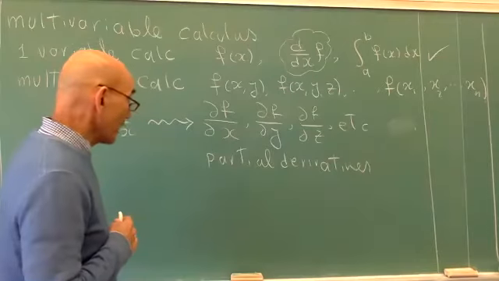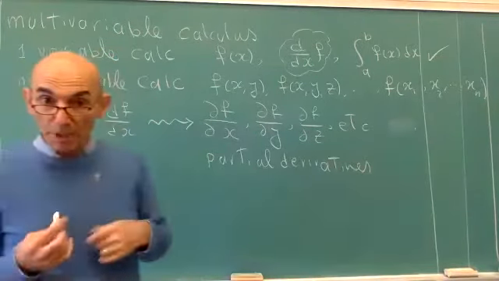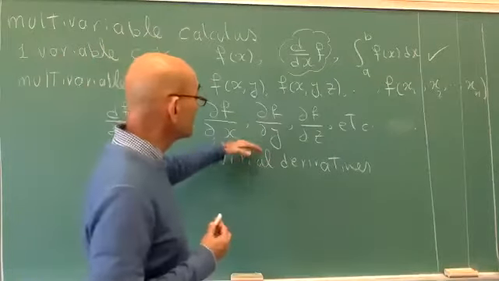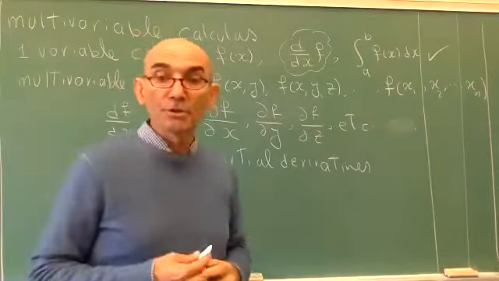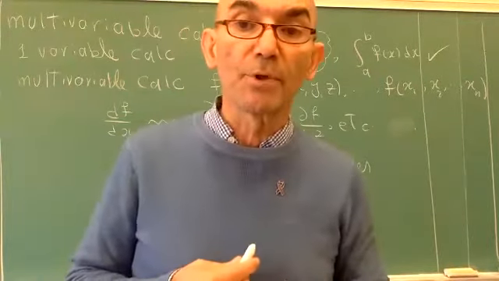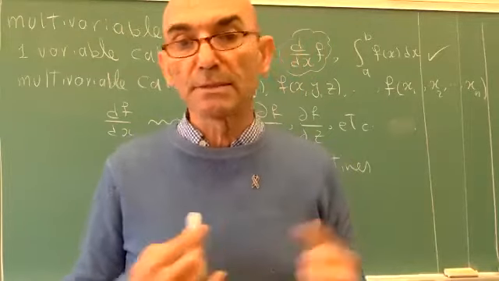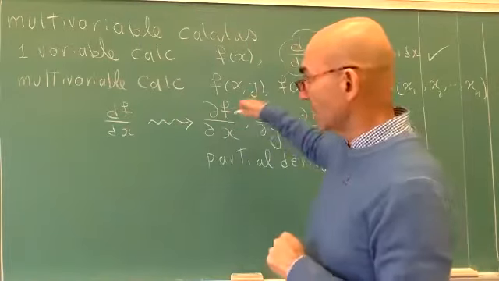Then you also learn how to maximize and minimize these functions. And then we will do maximum, minimum subject to constraints, which is new. Lagrange multipliers, for example, that's a new thing that has no counterpart in one variable calculus.